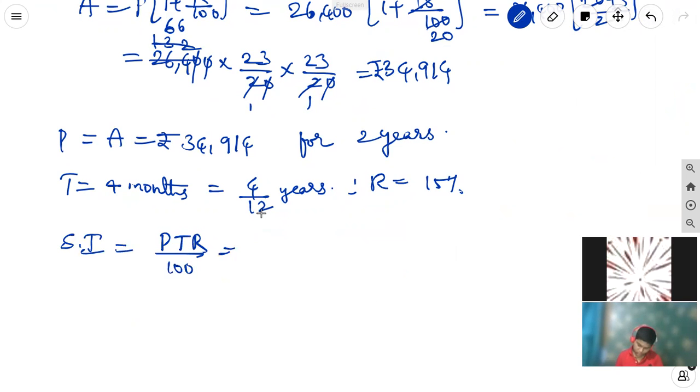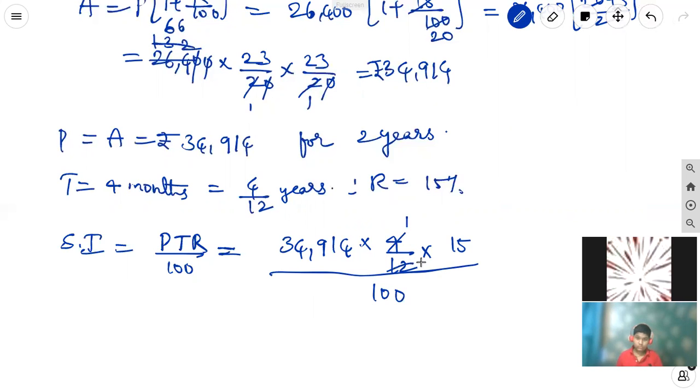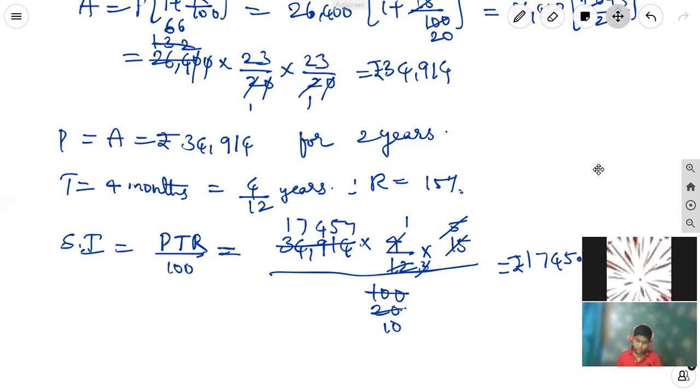P is the amount after 2 years compounded yearly, that is 34,914, into time period 4 by 12, into rate of interest 15 by 100. That is equal to 1,745.7 rupees. That is the simple interest.